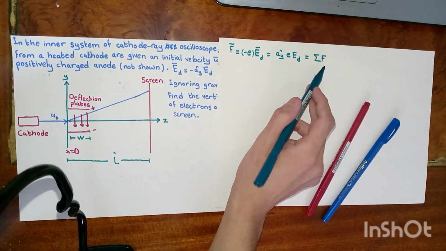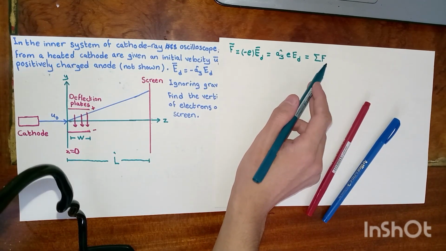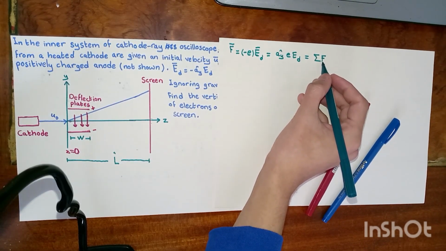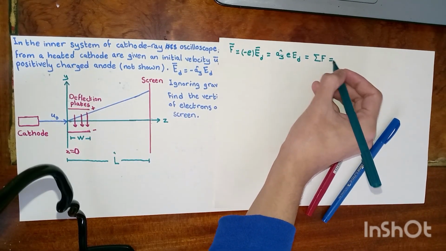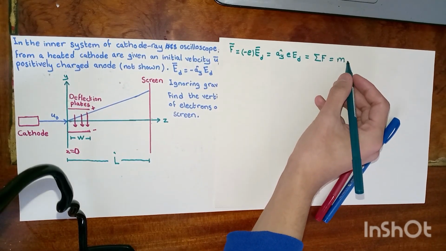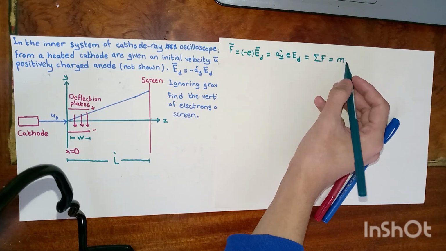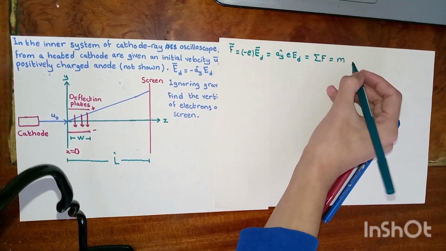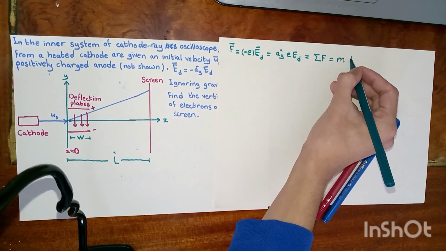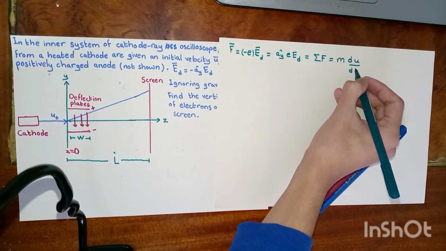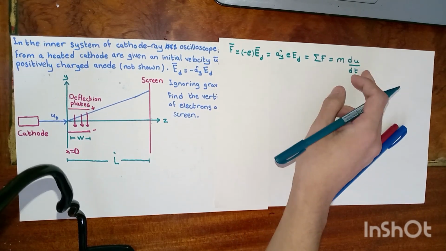And according to Newton's law, the net force that a particle experiences is equal to the mass of this particle times the acceleration that this body is moving with. And as we know, the acceleration is the first time derivative of the velocity, so I will put du over dt.